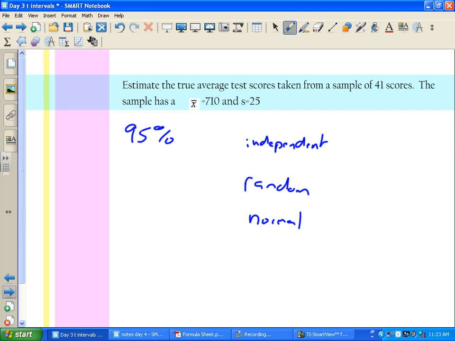So I would say sample is normal, n, which is the number sampled, is greater than or equal to 30. And greater than or equal to 30 means that we can apply, so I'll just say central limit theorem. Are you guys okay with me abbreviating it? Central limit theorem applies.